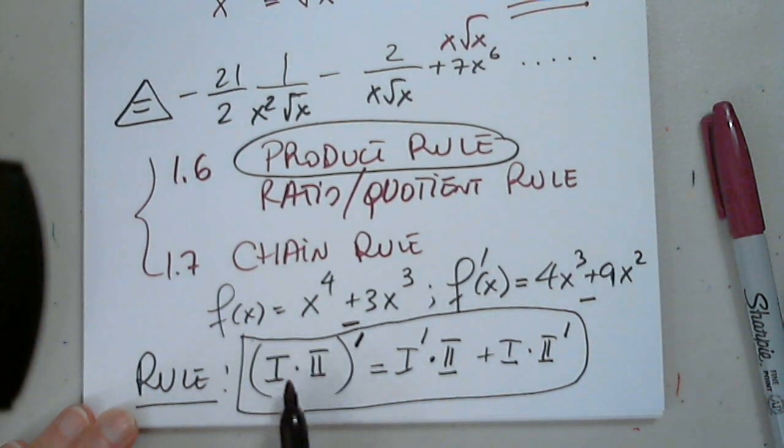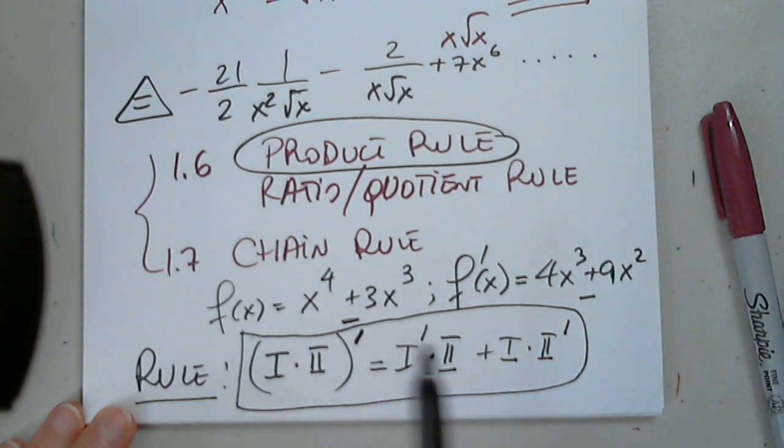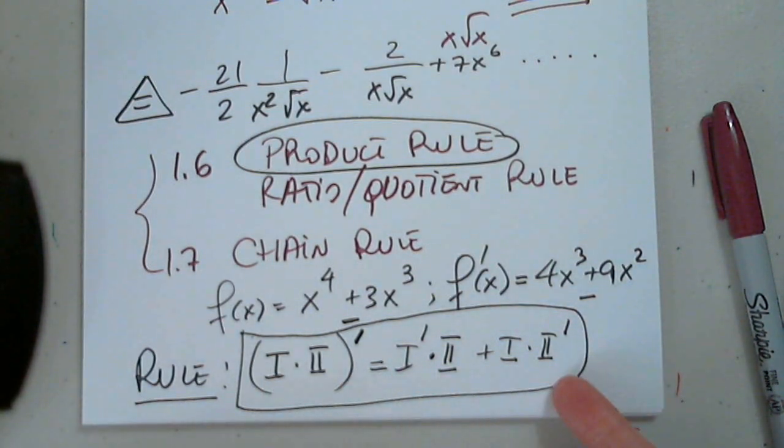I like to keep them 1, 2, 1, 2, 1, 2. But not everyone likes that method. It's up to you. It's easier for me to remember, not to forget, that 1, 2, 1, 2, 1, 2. In the first product, the first function is differentiated, and in the second product, the second function is differentiated.